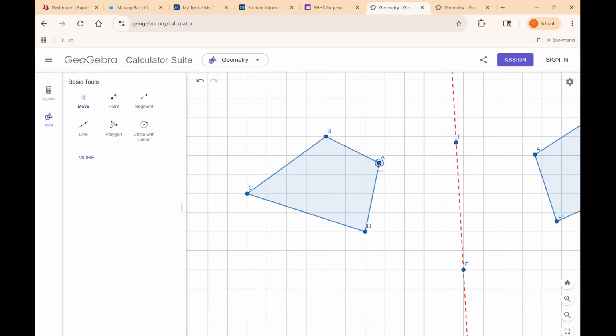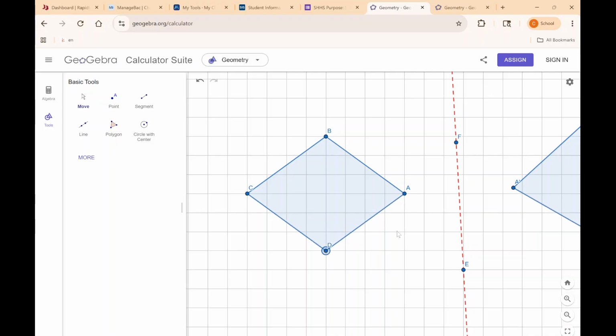And then if I did the same thing with A, we can go 4 over and 3 down. Now that side is equal. And if I just move D, so we have that same 3 by 4, all the sides now are exactly 5 in length.